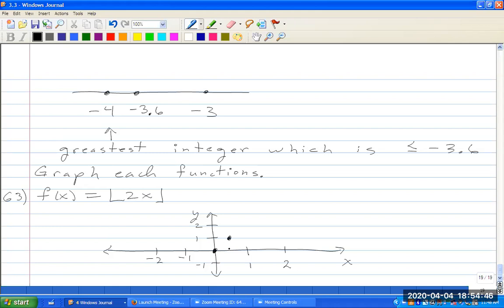So anything less than a half, you're still going to get 0. Then take numbers between a half and 1, but not equal to 1. Well, the greatest integer value is always going to be 1. Then at 1 it's going to jump up to 2.